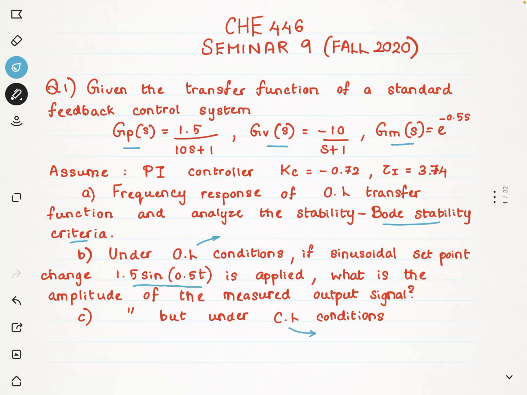So we have to see if we supply a sinusoidal set point, what will be the amplitude of the measured output signal under both open loop and closed loop conditions. Let me go to the next page, then I'll start solving the problem.